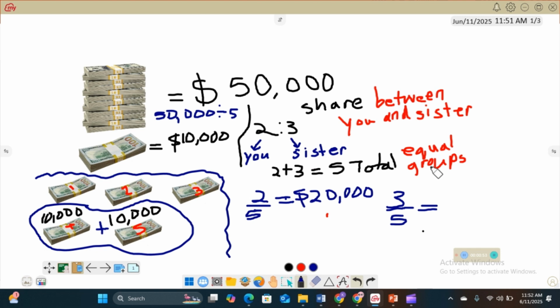You group before you share. So we're going to group the money into 5 equal parts, and divide the $50,000 by 5. If we divide the $50,000 by 5, we end up with $10,000, so each of the groups is valued at $10,000.